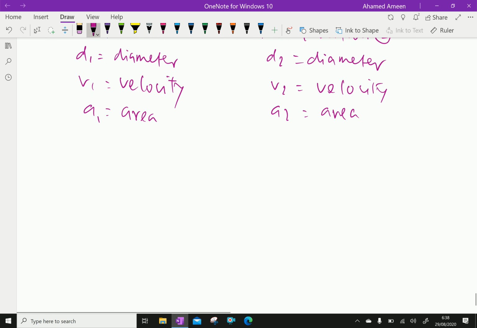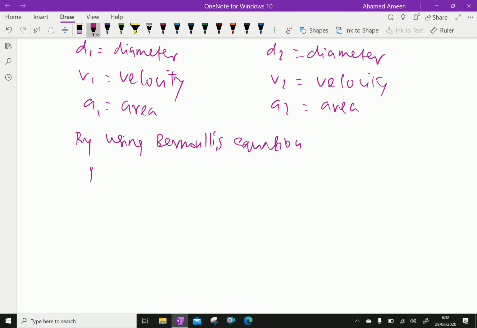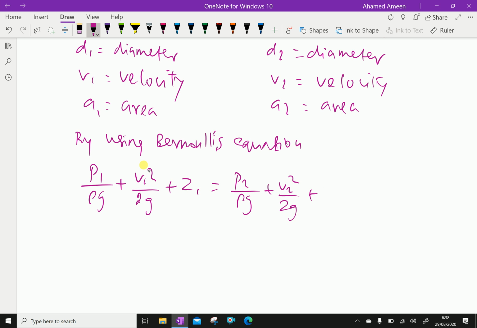Now, by using Bernoulli's equation for flow: P1 by rho g plus V1 squared by 2g plus Z1 equals P2 by rho g plus V2 squared by 2g plus Z2.